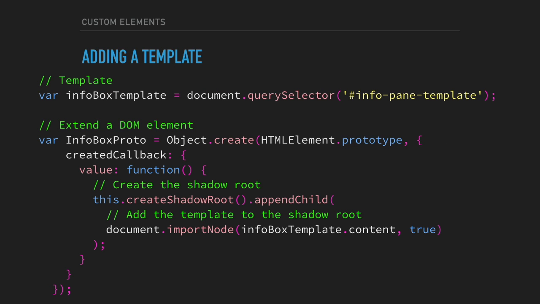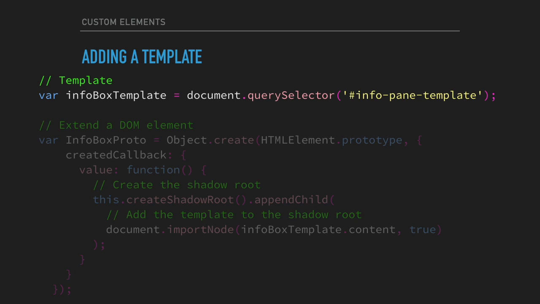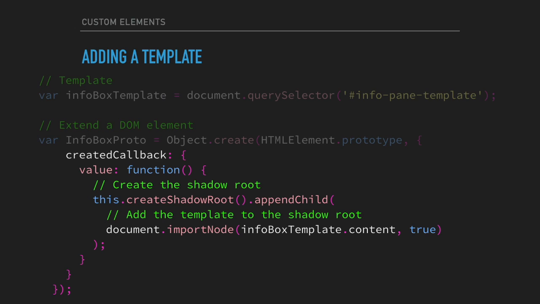The next logical step after you create and register your element is to add a template to it. The way you typically do this is grabbing a reference to your template, and then in this created callback, you create a shadow root, and then you append to this shadow root the contents of the template.